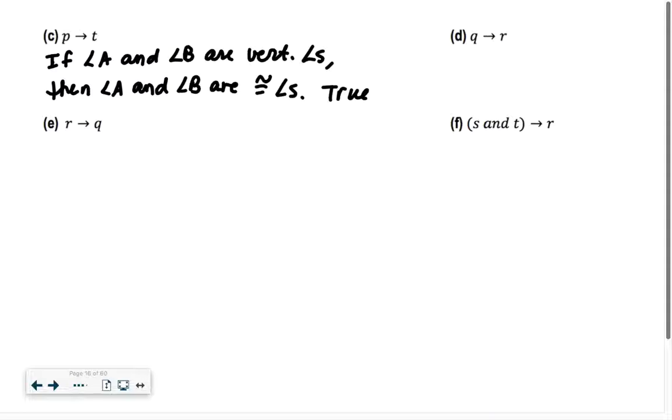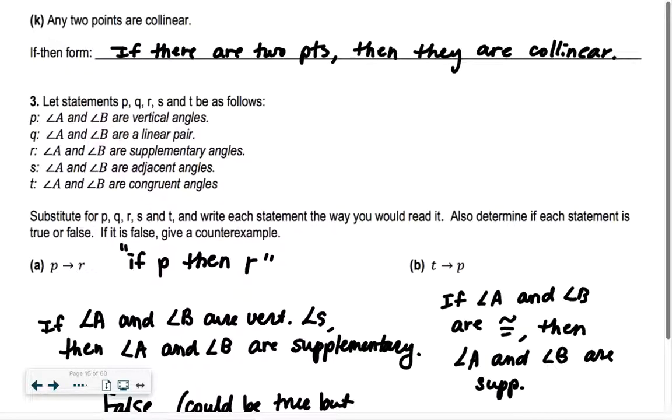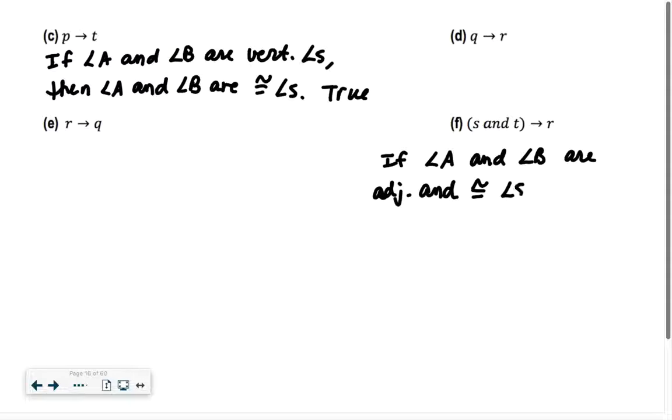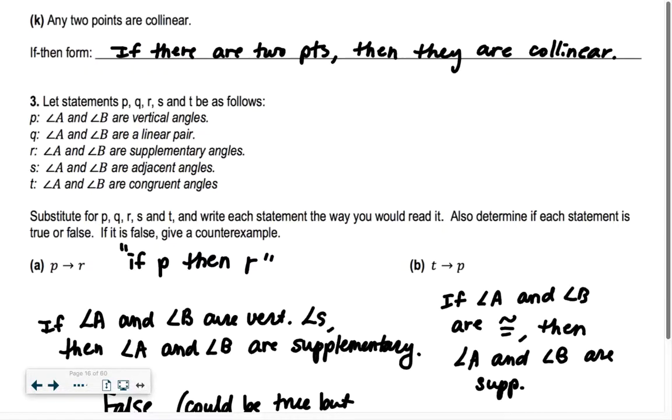Let's skip down to F. So S and T implies R. So S and T is A and B are adjacent and A and B are congruent. So we could put those together and we could say A and B are adjacent and congruent angles. So if angle A and angle B are adjacent and congruent angles, then, and what was R?